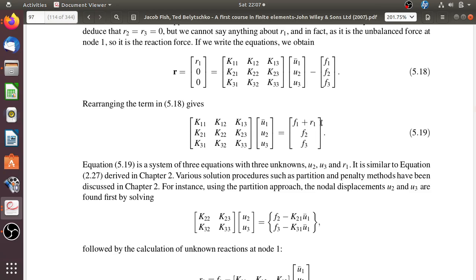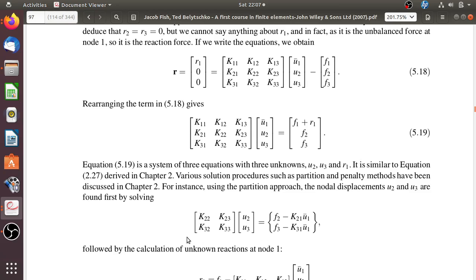Okay, and then I am going to consider the remaining part of this equation, which is actually k12 into u1 bar plus k22 into u2 plus k23 into u3, which is equal to f2, and similarly the other equation. And if I consider those two equations and I do some rearrangement, I will get the equation in this form.